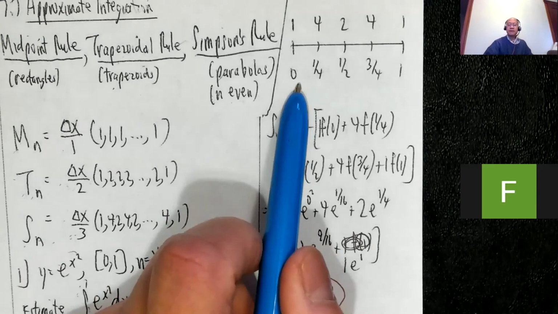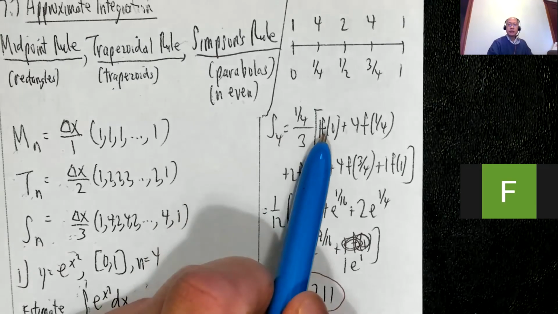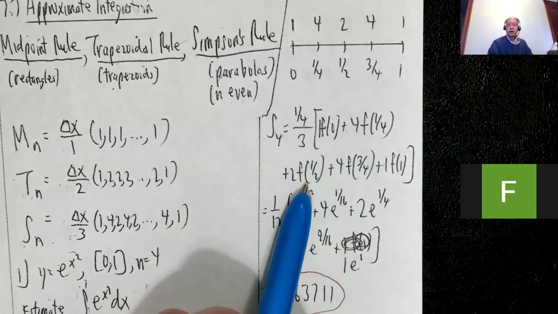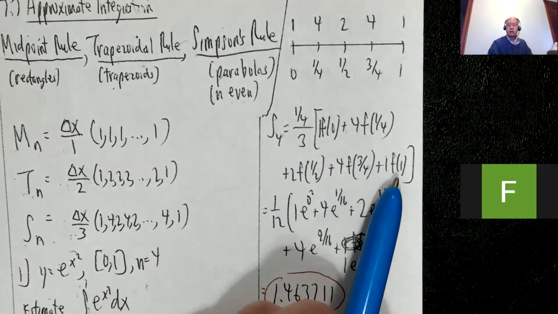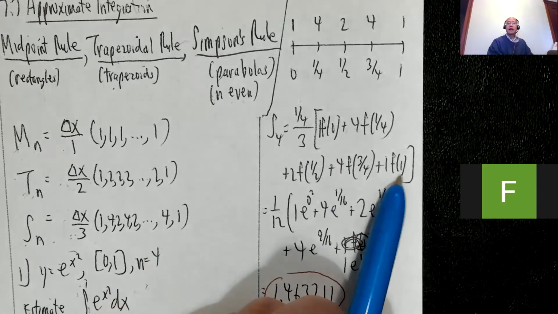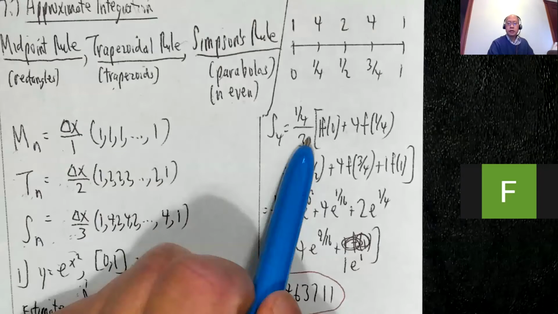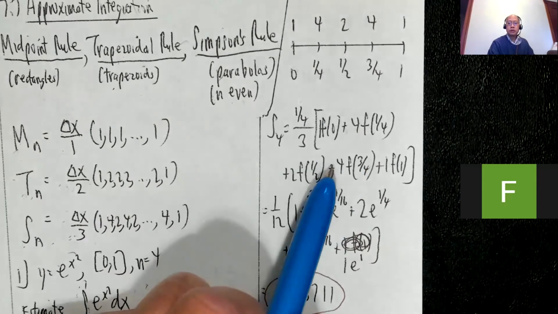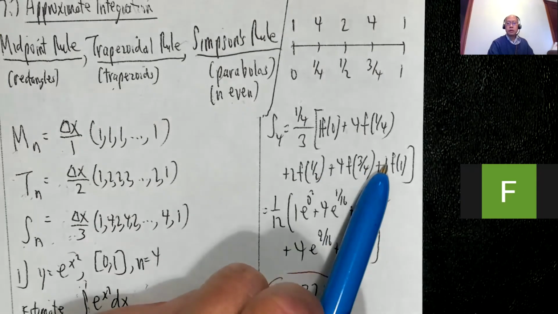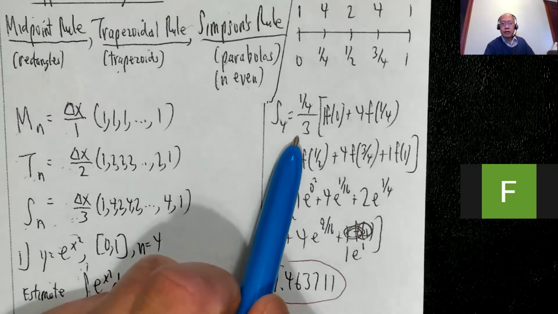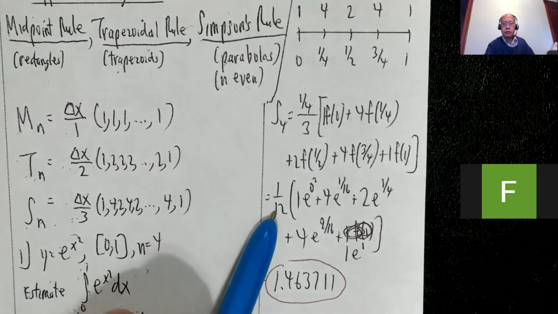And you're using the same 5 endpoints: f of 0, f of 1/4, f of 1/2, f of 3/4, f of 1, except instead of 1, 2, 2, 2, 1, it goes 1, 4, 2, 4, 1. So 1/4 divided by 3 is 1/12.